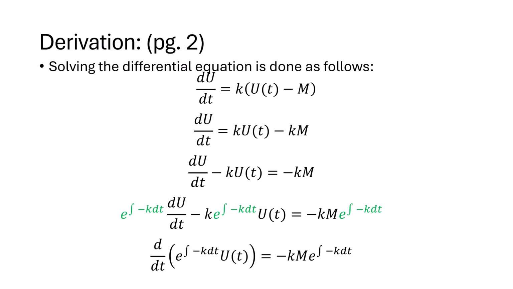So what we do after we do this multiplication of this e to the integral of negative k dt, because remember, negative k is that function multiplying the u, our temperature of the object, we're able to use the product rule for derivatives and collapse it down into d/dt of e to the integral of negative k dt times u. So we have the derivative of that product is equal to negative kM e to the integral of negative k dt.